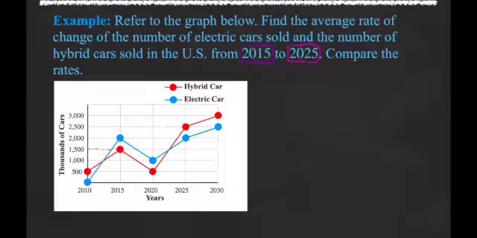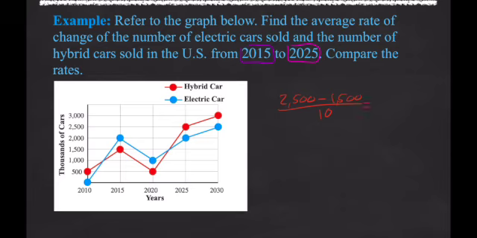Okay? So in other words, remember the amount of cars is going to be dependent upon the years. So we have our Y value, which is 2,500, minus 1,500, divided by the 2 years. 2025 to 2015, that is a 10-year gap. So I'm just going to put 10 underneath that.